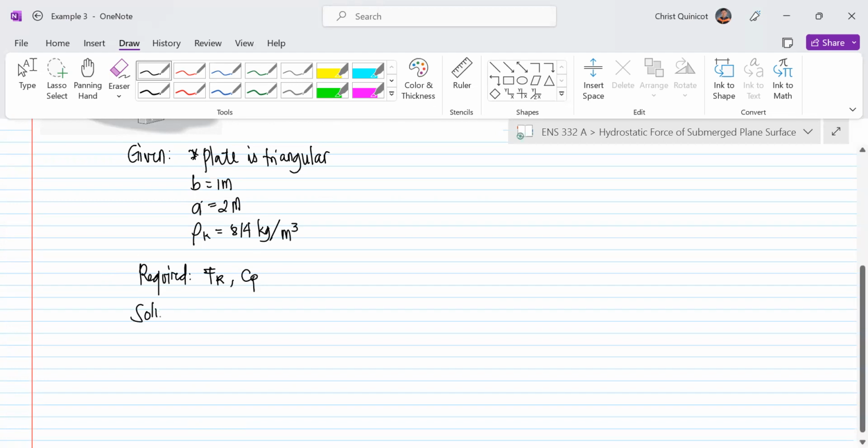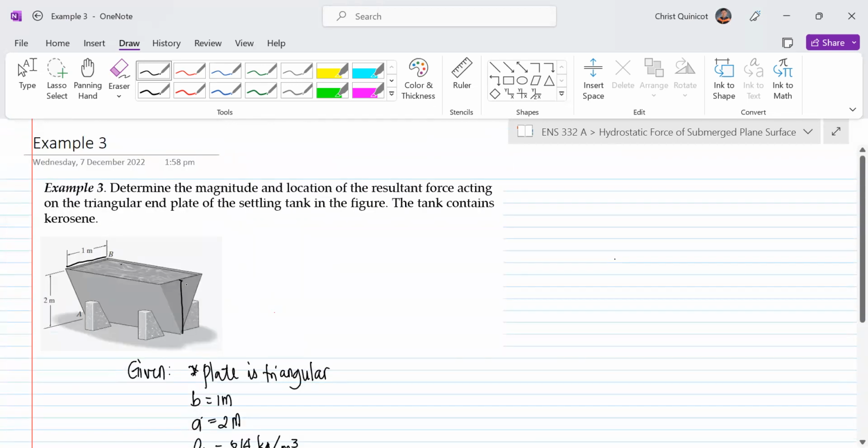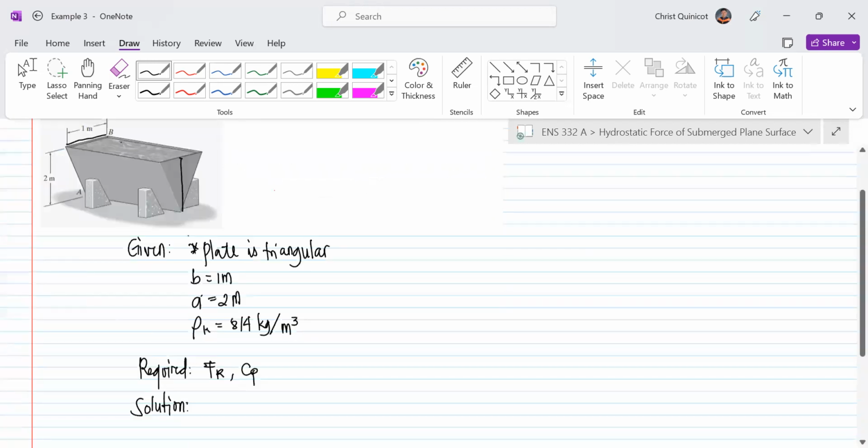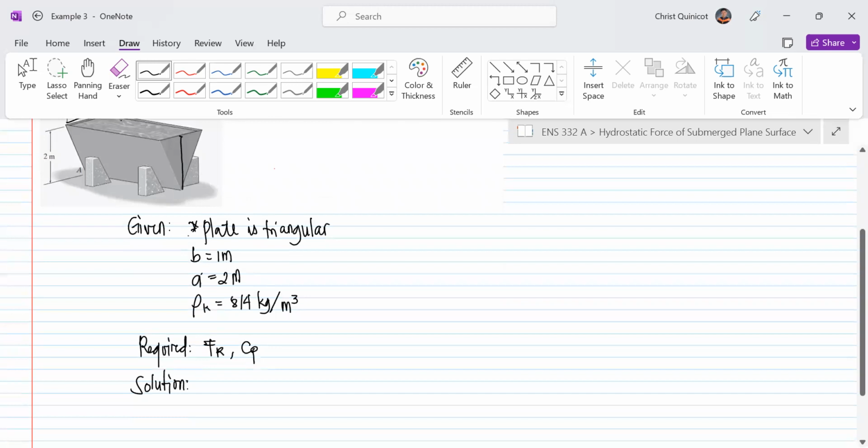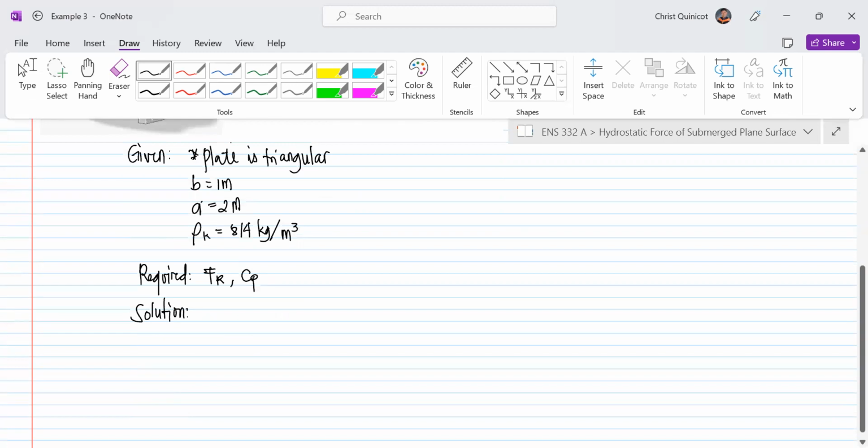So our solution we write. Since the plate is triangular, the centroid of this triangular part of the tank will follow the formulas uploaded in the classroom.